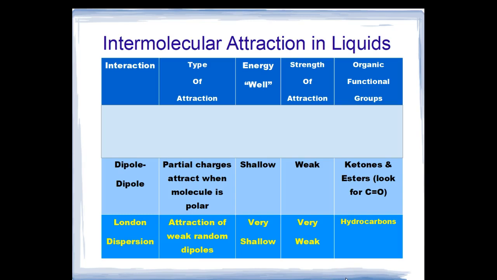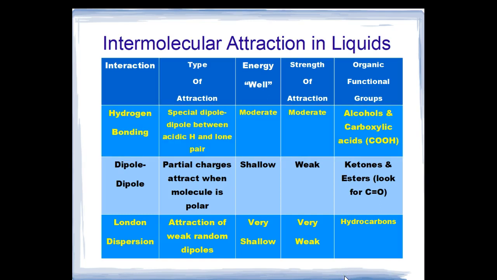Look for a C double bond O, and you will find a ketone or ester, as long as there's no OH attached to the carbon. And of course, the highest intermolecular attraction would be hydrogen bonding, which is a special kind of dipole-dipole force between an acidic hydrogen, in other words, a hydrogen that is able to be attracted to an electronegative element in another molecule, and the lone pair of that molecule.